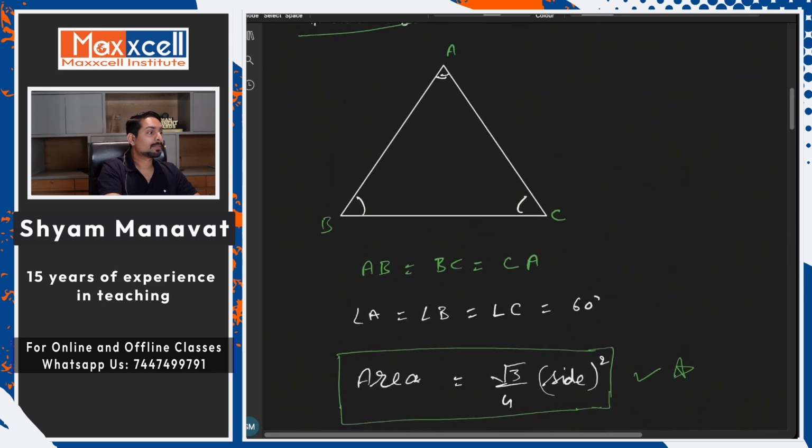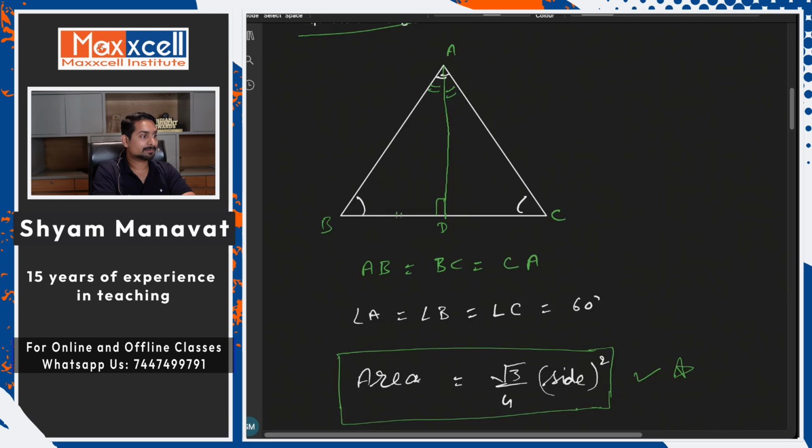That means if you draw a median AD, it is also the same as the altitude, so it forms 90 degrees here. It is also the angle bisector, so the angle is divided into two equal parts.